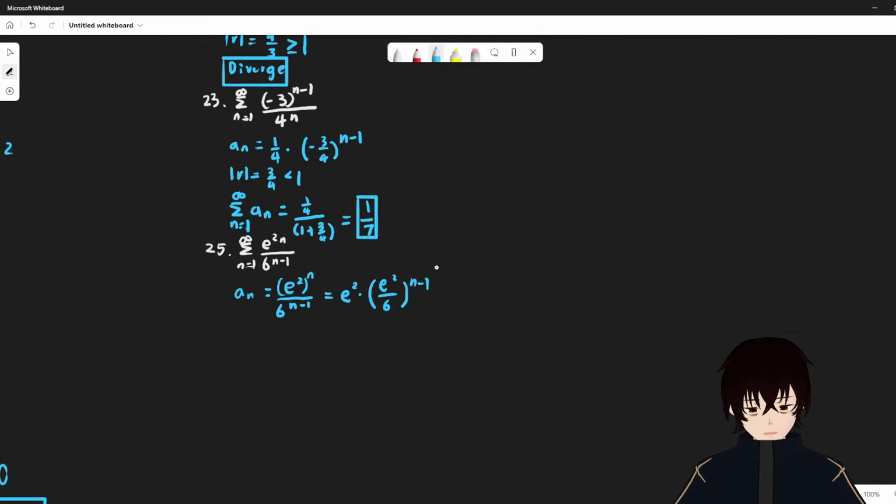And what's e squared? It's about 7. So the absolute value of r is equal to e squared over 6, which is greater than or equal to 1, therefore diverges.